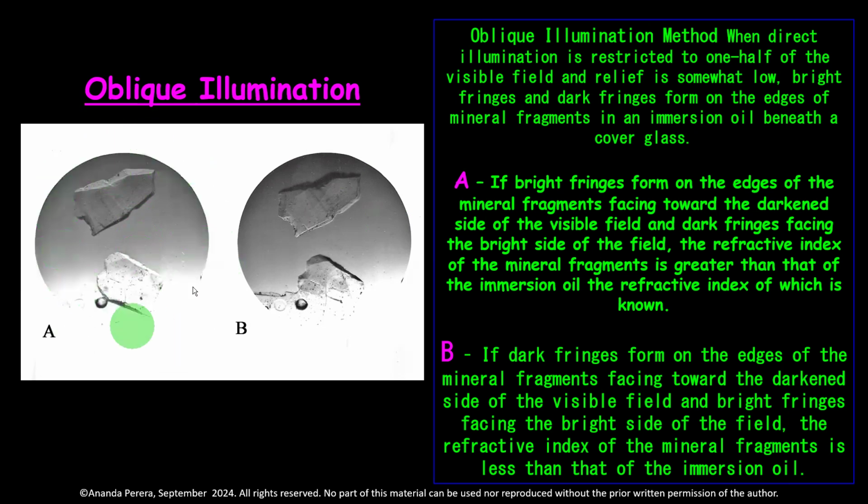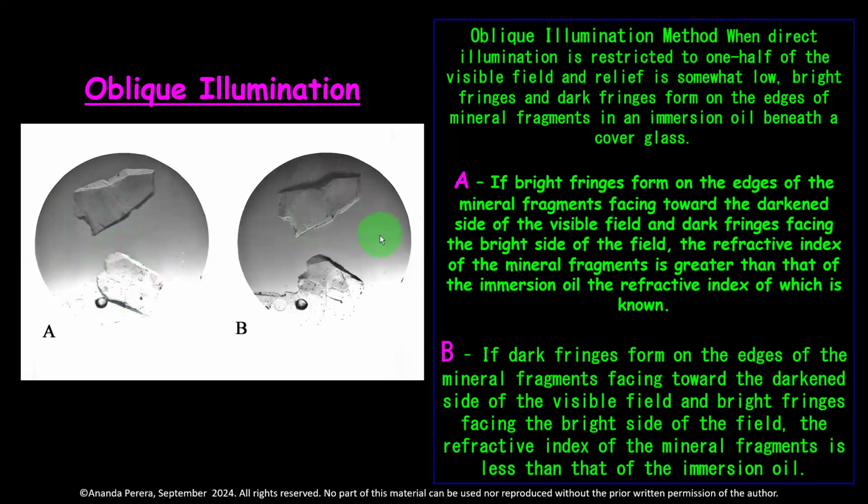So if we see this oblique illumination, the immersion oil is the one whose refractive index is known. If bright fringes are facing the darkened side and dark fringes facing the bright side, the refractive index of this mineral fragment is greater than the oil's.